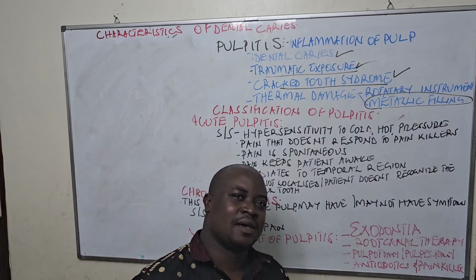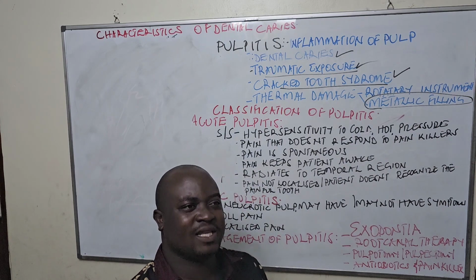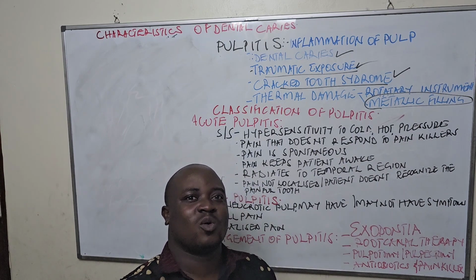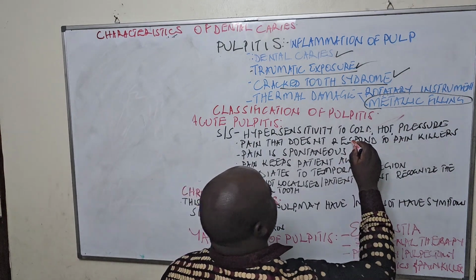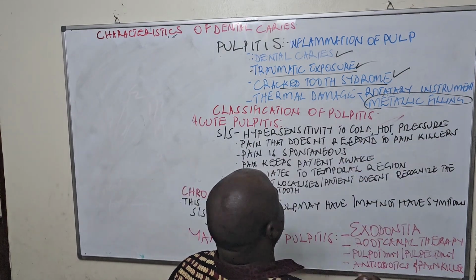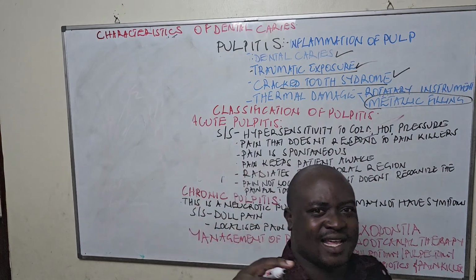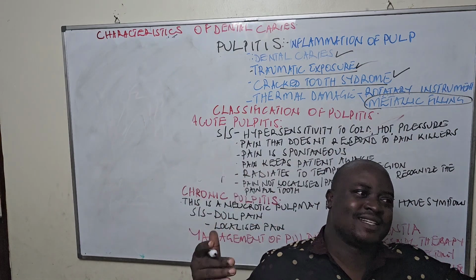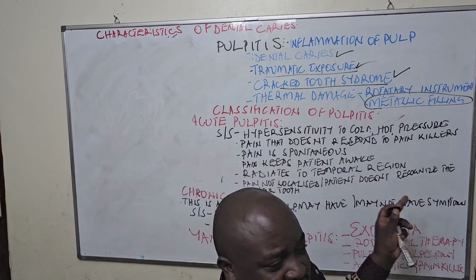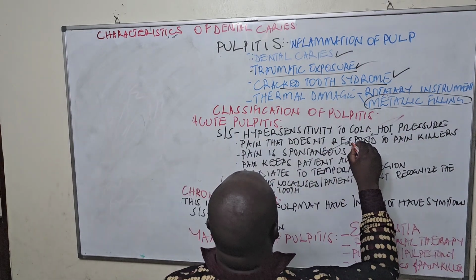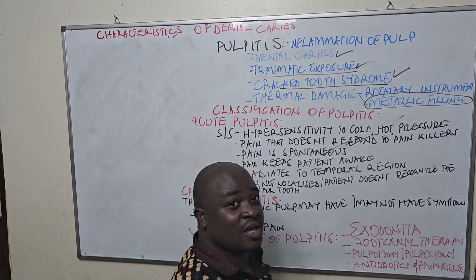You may take paracetamol, you may take tramadol, you may take all sorts of painkillers, but it doesn't respond to what? To painkillers. The pain is spontaneous. Nothing brings it. Whether you have taken something or not, it's just what? Spontaneous. It just comes.